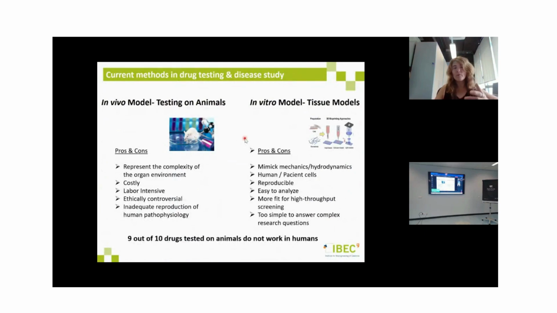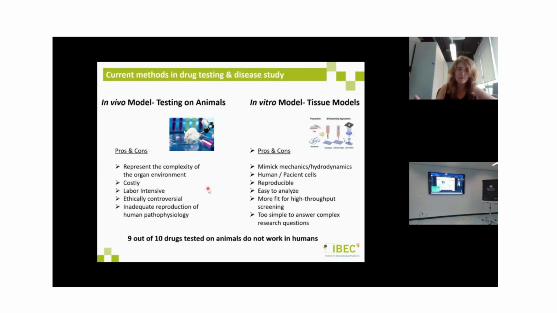Comparing with in vivo models, which are the current technologies for drug discovery in the case of animal testing, the advantage is that in the animal we represent the complexity of the whole organ in a more complex environment. However, this kind of technology is ethically controversial. Many people are against the use of animals, but probably the most important point is that they do not really mimic perfectly the organ of a human, because the cell behavior of a human is not exactly like an animal's.